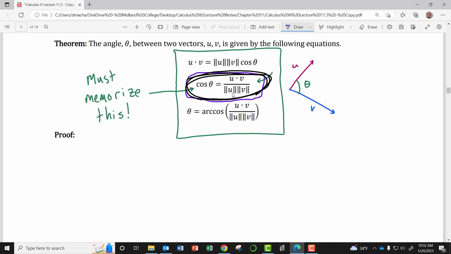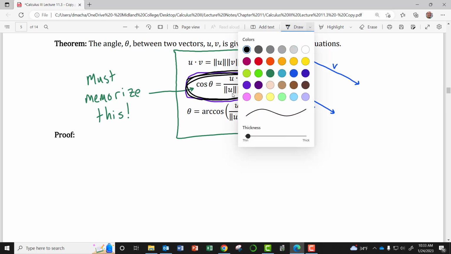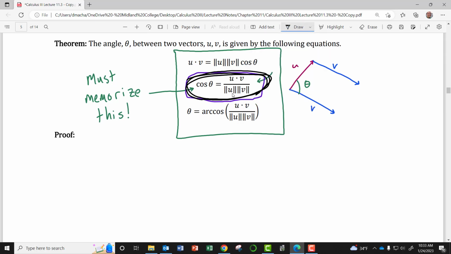And what I want to show you is that vector addition works like this. If I just slide this vector v over so that it is situated tip to tail with the vector u, then the corresponding vector from the tail of u stretching all the way to the tip of v would be u plus v.